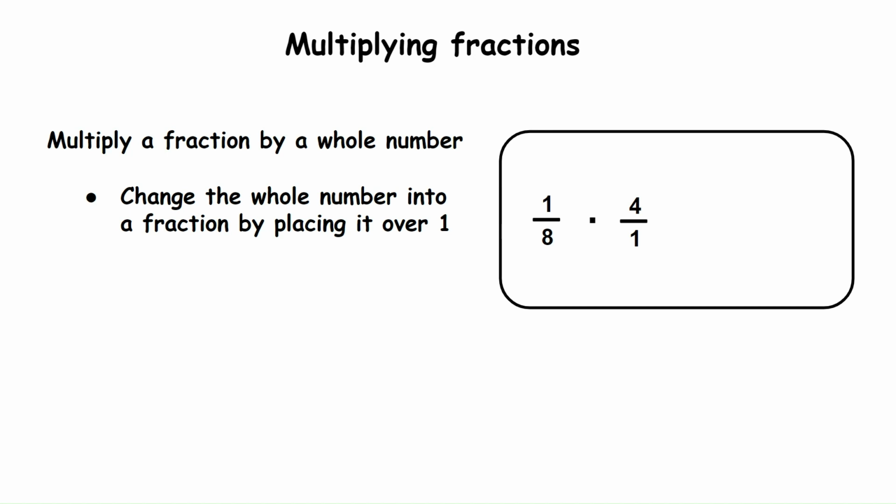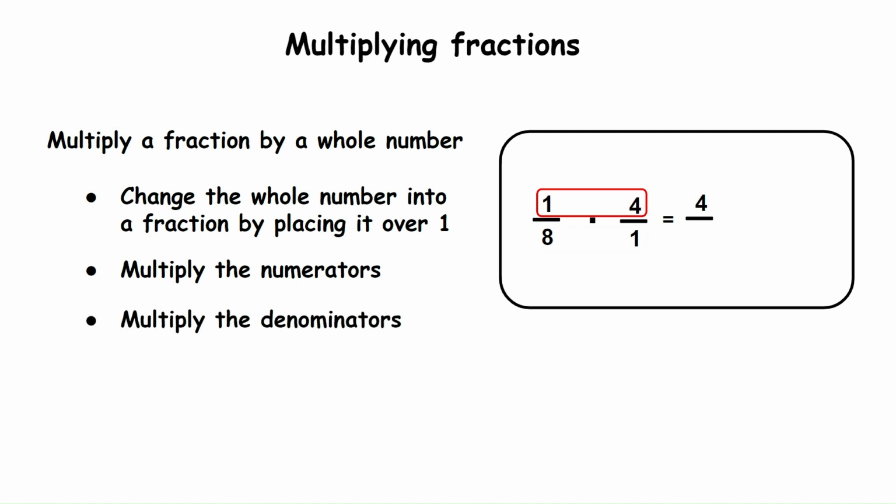It has not changed the value of our whole number 4 because, remember, fractions are division problems, and 4 divided by 1 is 4. So it keeps the same value. Our next steps are just like the previous problems, where we multiply our numerators. That's 1 multiplied by 4, which is 4. And we multiply our denominators.